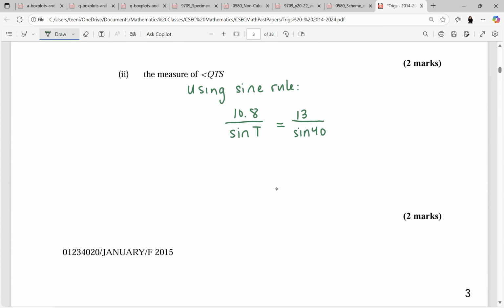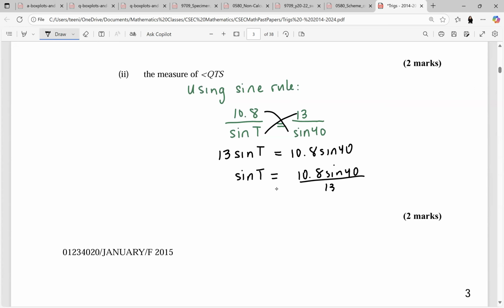Right now it's 10.8 by sin 40 over 13. Yes, that's correct. I'm going to write one line in between that. So 13 by sine of t is equal to 10.8 by sine of 40. So sine of t is equal to 10.8 sine of 40 divided by 13. Good. So now I'm up to speed with you.